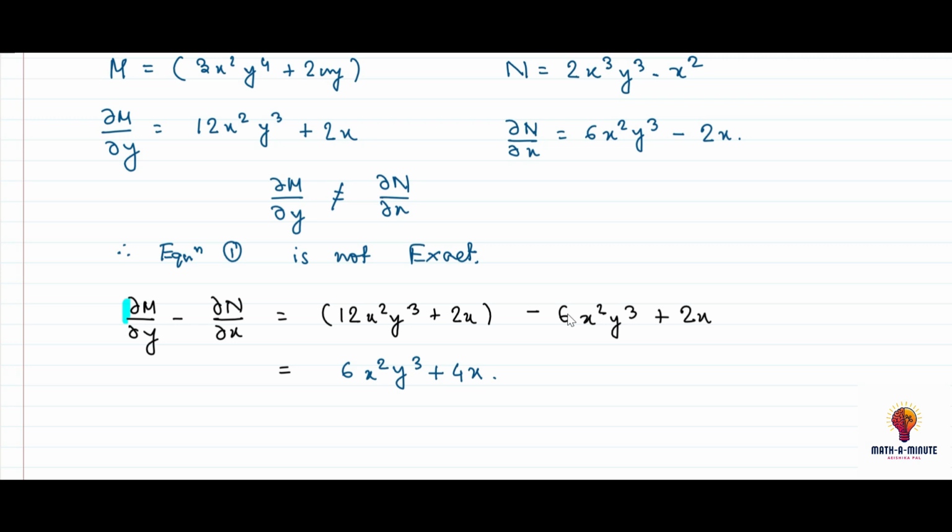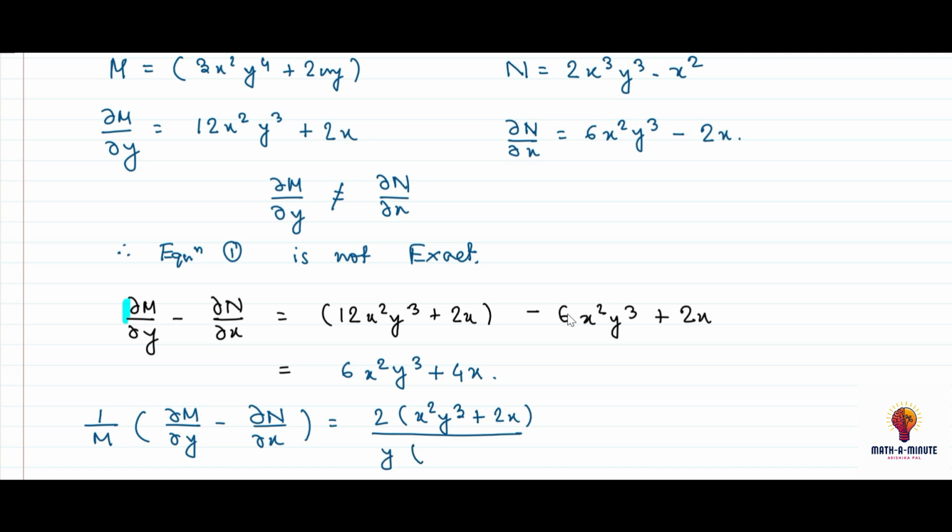So let me take M here and divide this difference by M. We can take 2 common, so it will be 2 times 3x squared y cubed plus 2x, and if I take y common in M, it will be y times 3x squared y cubed plus 2x.